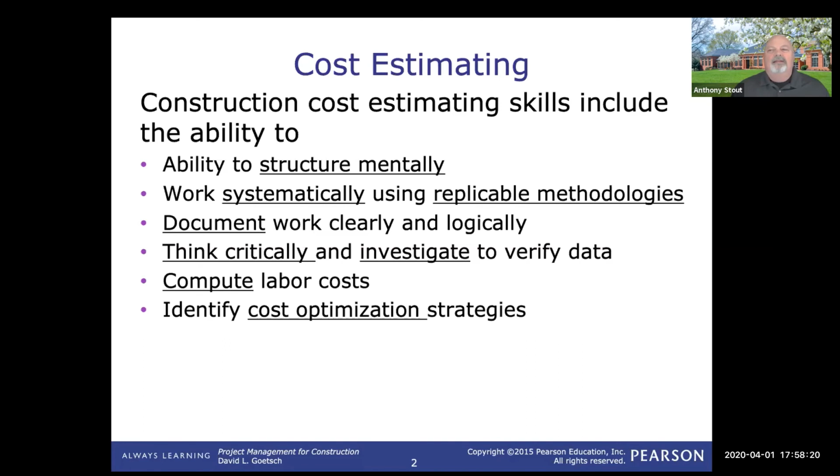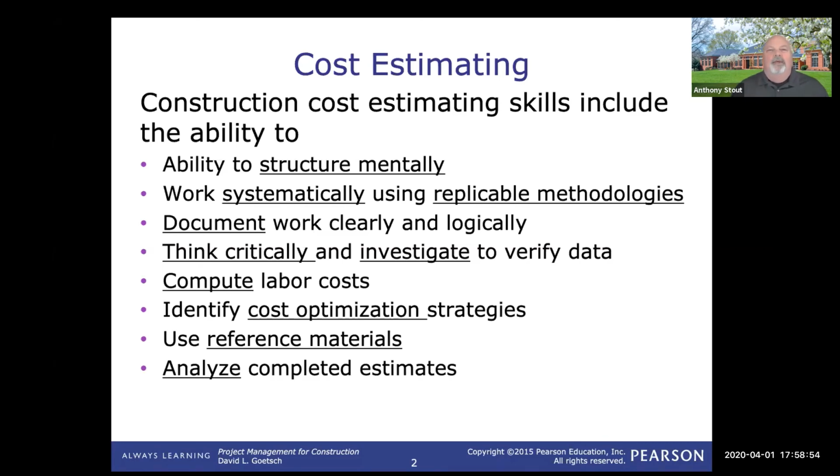We're going to look at ways to optimize that and strategically minimize the overhead and the cost, and therefore positively impact the profit margin of the company. We'll use reference materials, both past history documents and things like RS Means, a book that goes out every year that gives you average costs and specific things. And lastly, we're going to look at the completed cost.